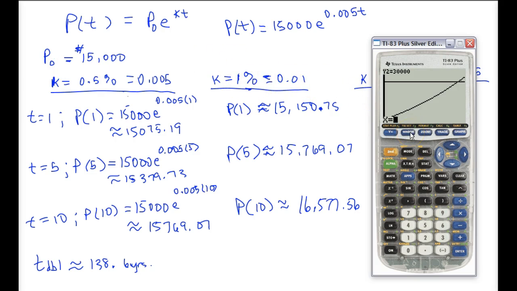So to do that, we can go to the y equals button again. Now we need to change this number here from 0.005 to 0.01. Just like how we did before, we're going to delete that 0 and change that 5 to a 1.